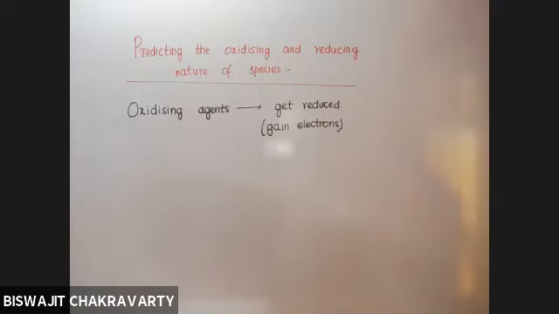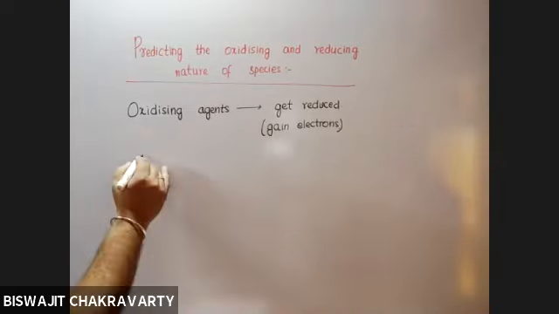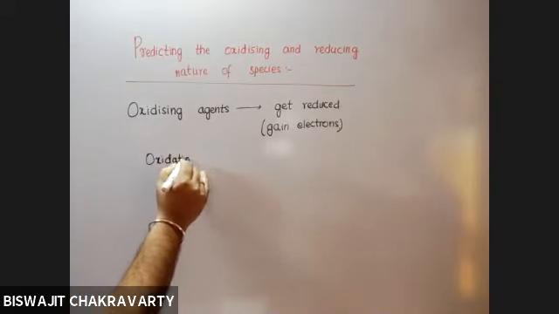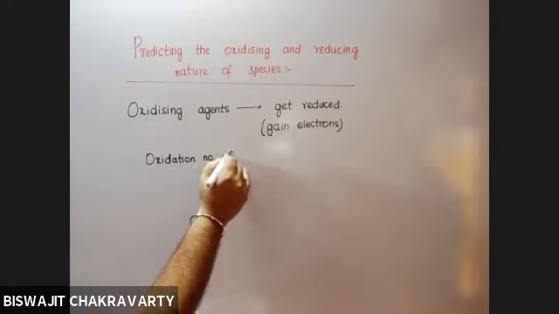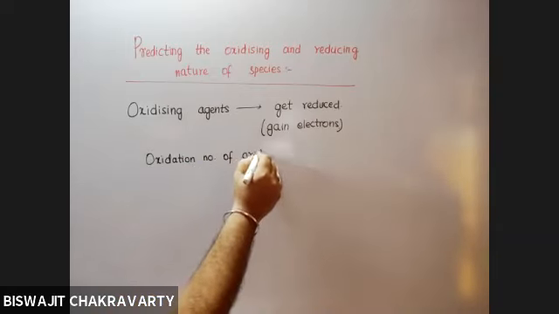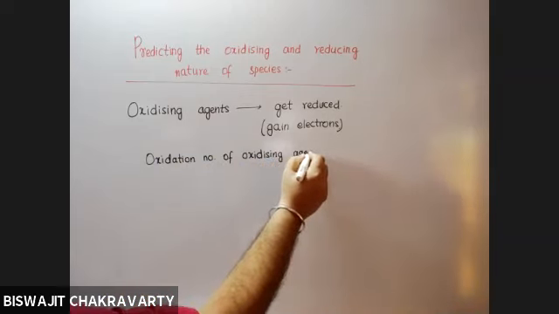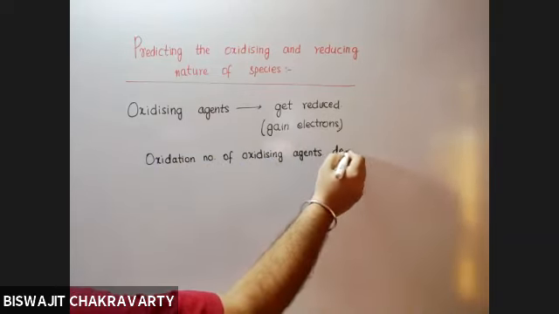So as I said, oxidizing agents gain electrons during the process. So the oxidation number of oxidizing agents decreases.